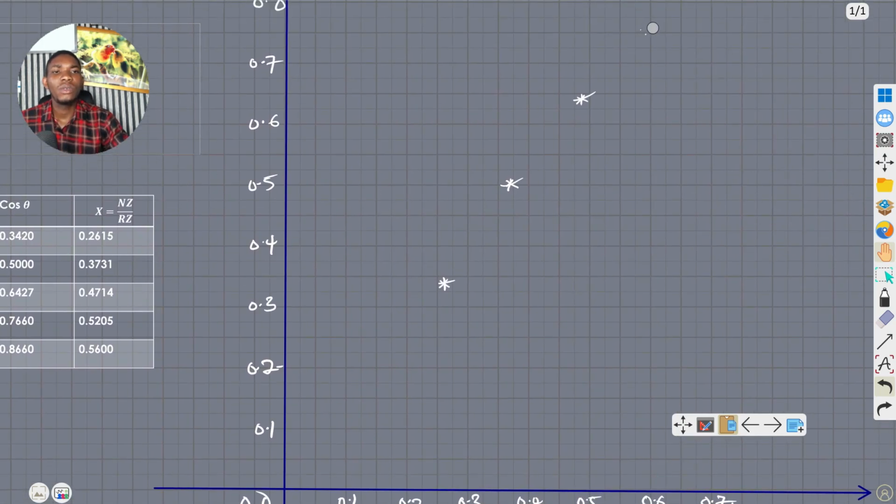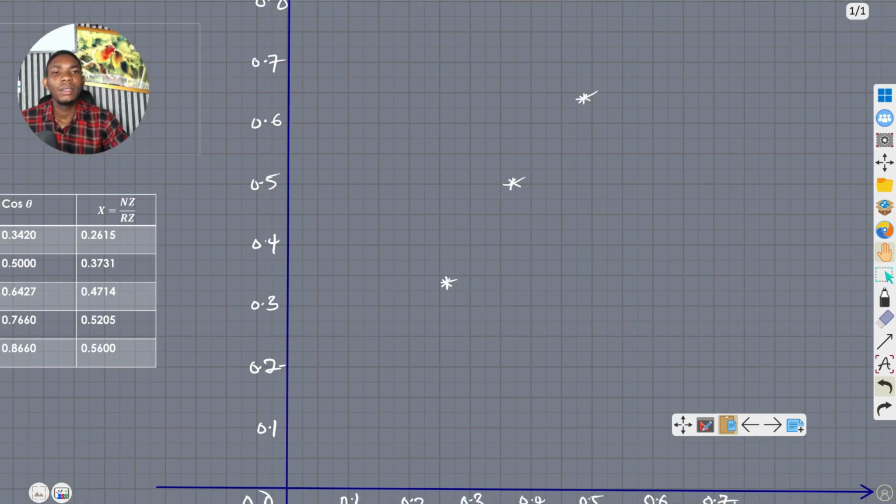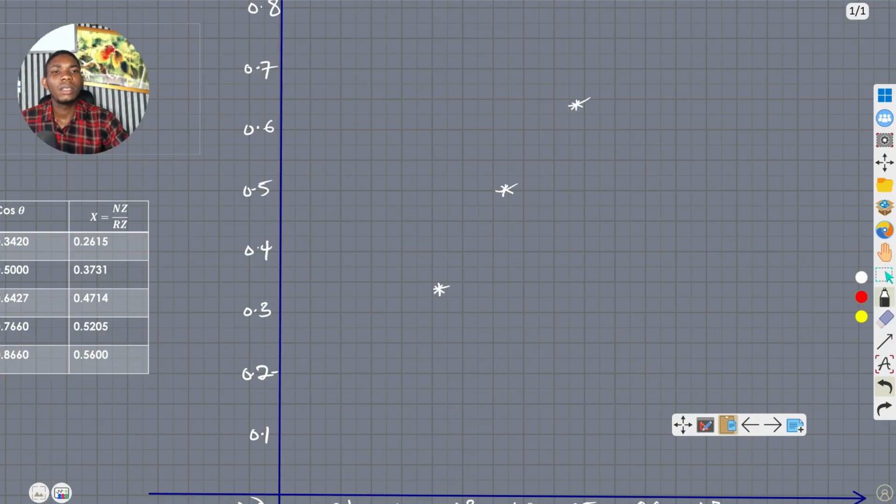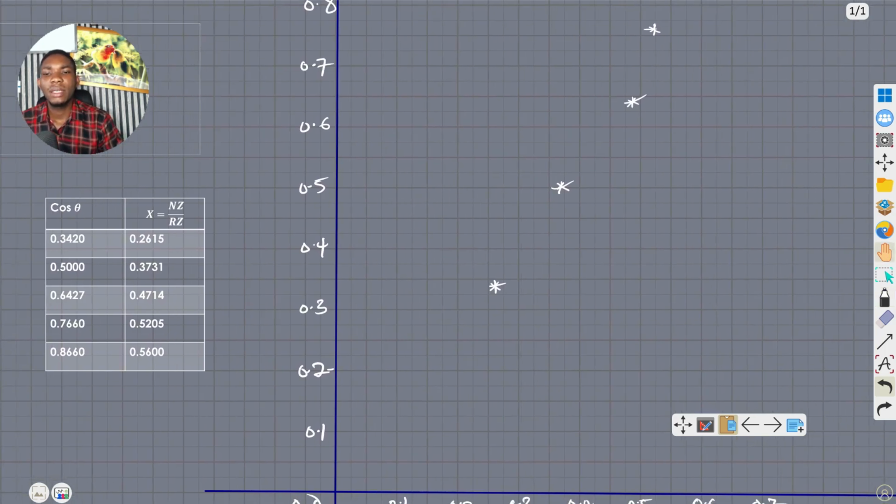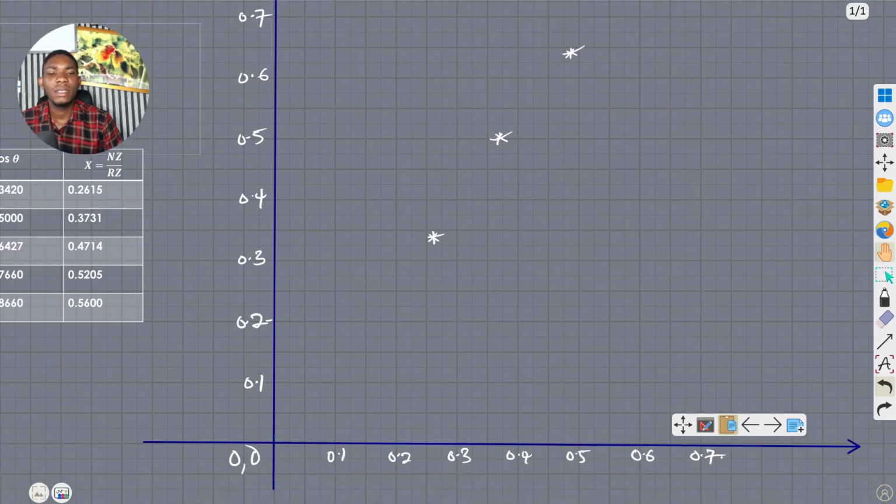So of course, this point has fallen off the radar, because this is 0.5, then you have 0.52 somewhere around here. So this point is totally out. All right, this is 0.7, even 0.76 somewhere around here. All right, so this point is out, as you can see. And then you have 0.8 and then 0.56.